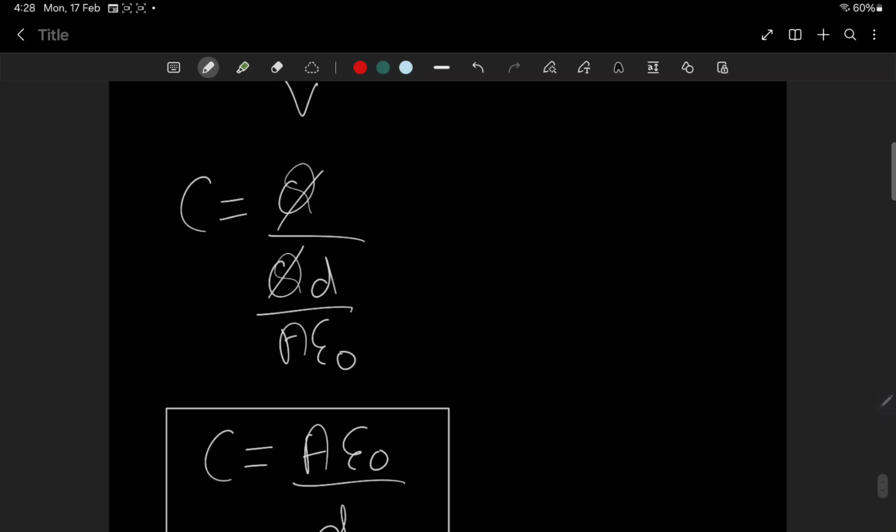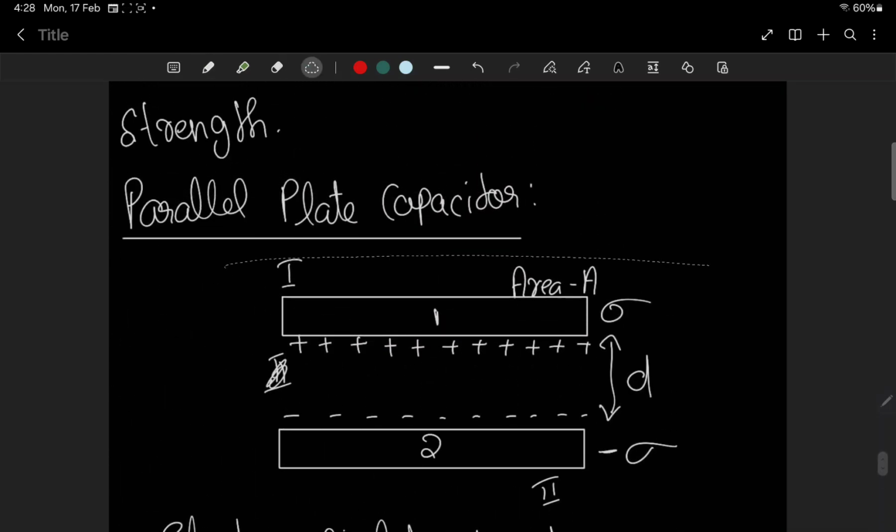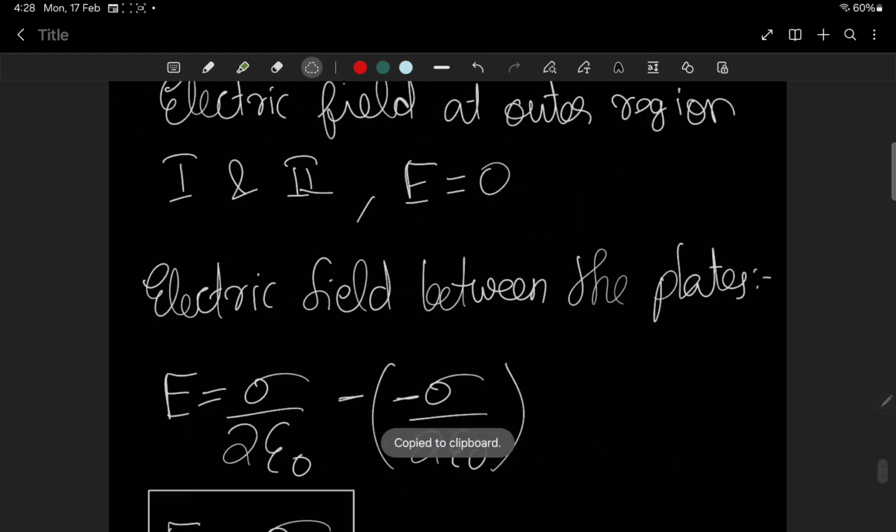I am taking the same above diagram. I am just copying it.